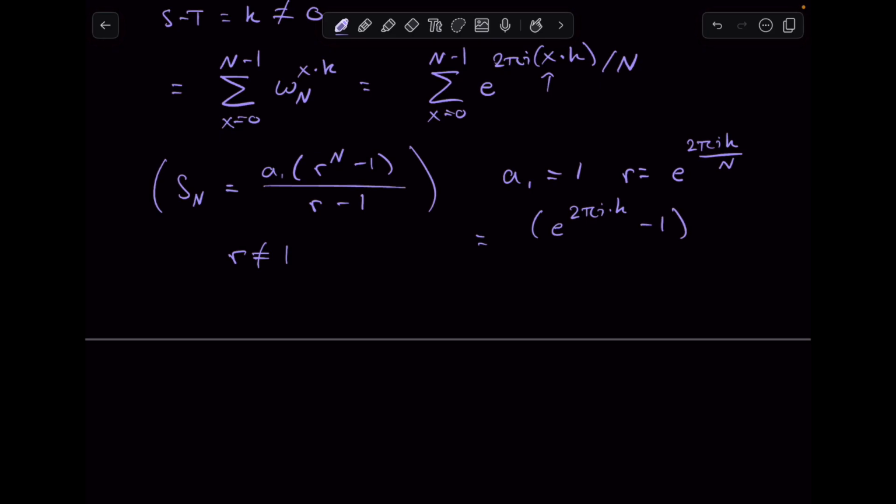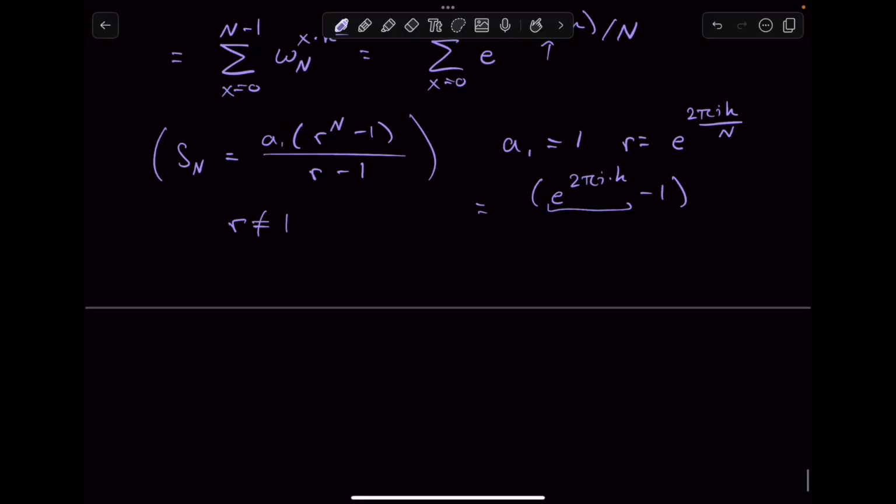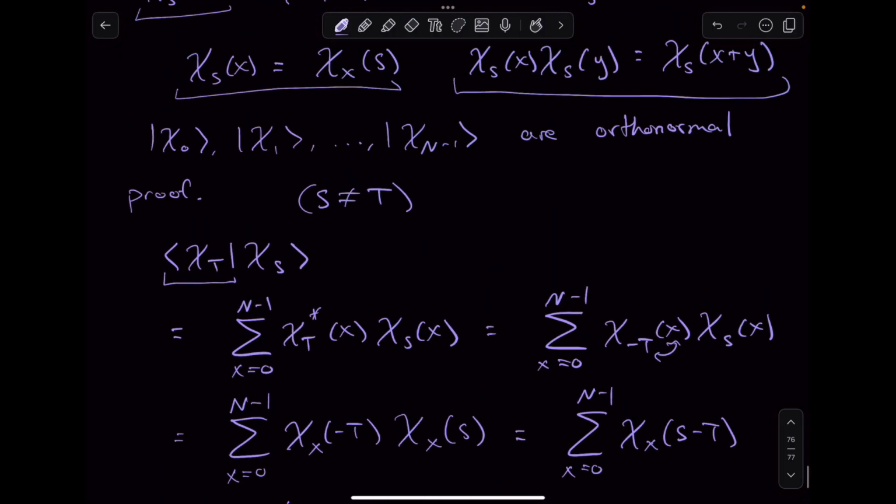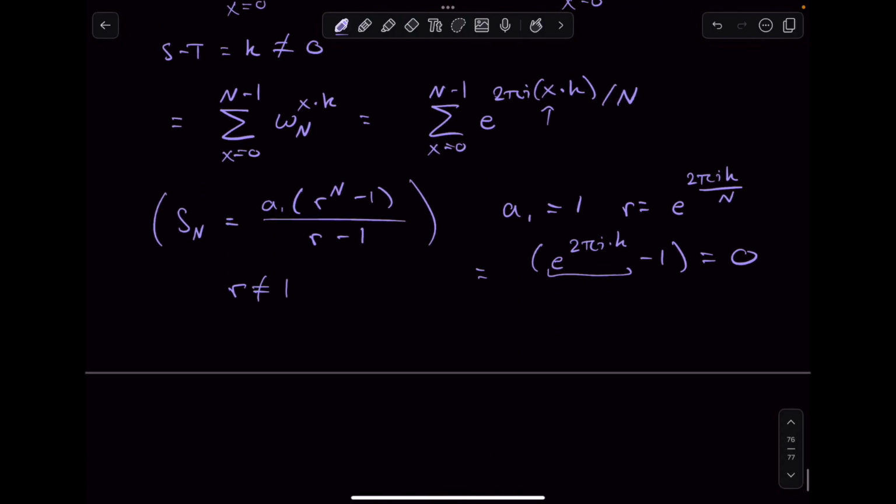And we actually don't even need to look at the denominator. All that matters is that the denominator is not 0, because this numerator is actually 0. So in particular, this value here is always equal to 1. Every multiple of 2 pi i just takes you back to 1. So this thing is going to be 0. And we've proved the first thing here.